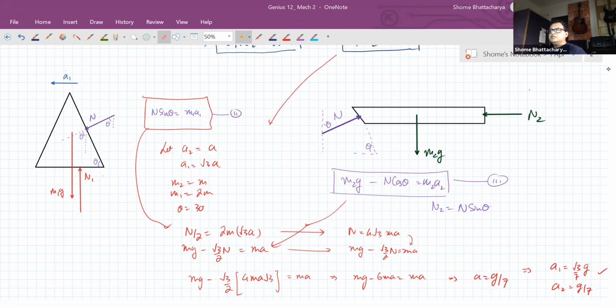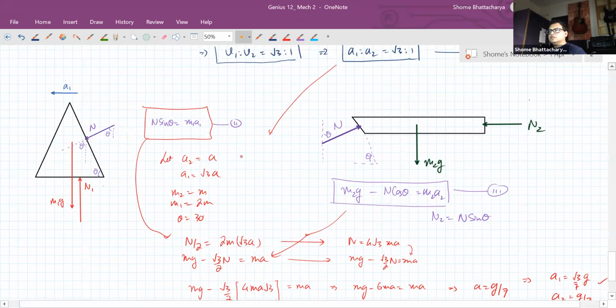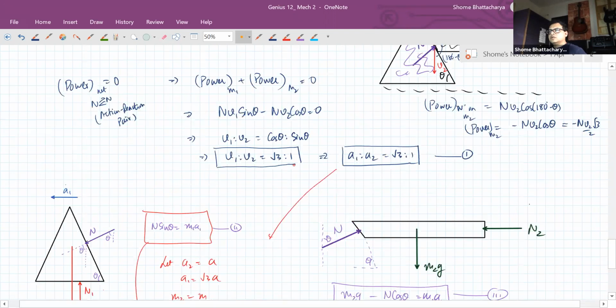Okay. So parametrically, if we look at it, then we have this.